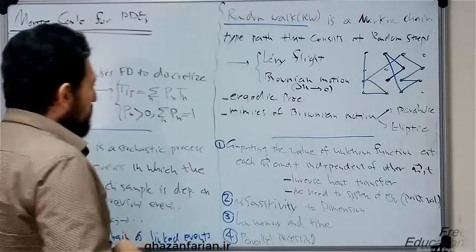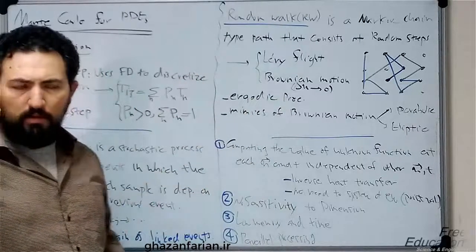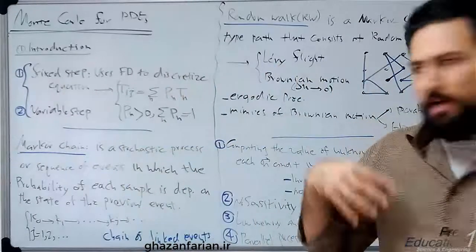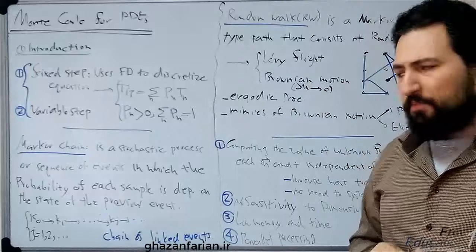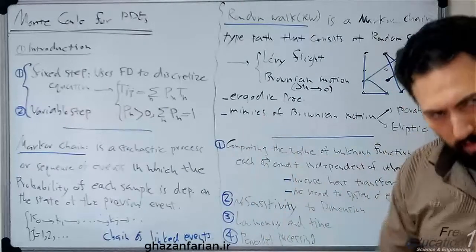The other point here is the ergodic process. You know that the Brownian motion, based on the concept of ergodic process in statistics, and also the Levy flight are both ergodic processes. And here, the random walk process also should be an ergodic process.